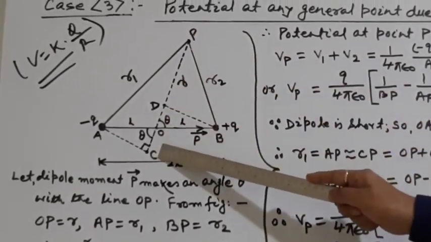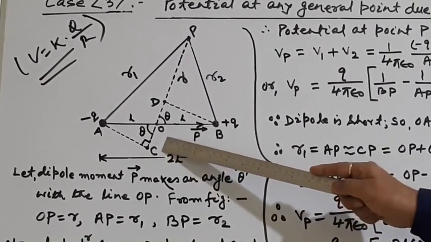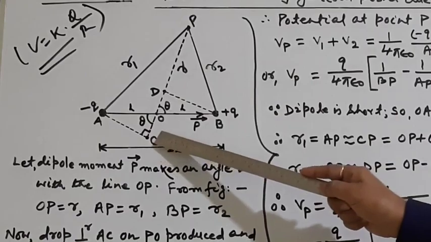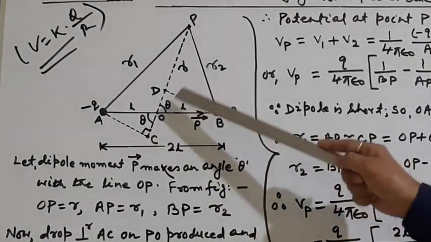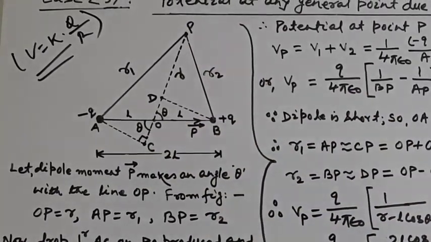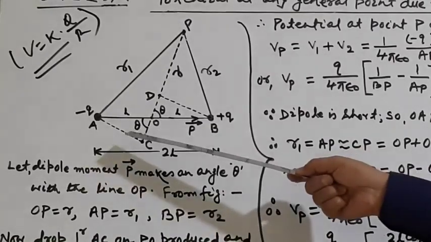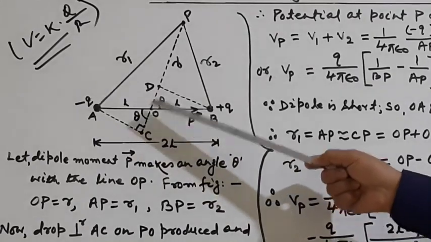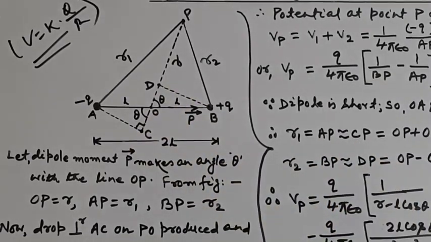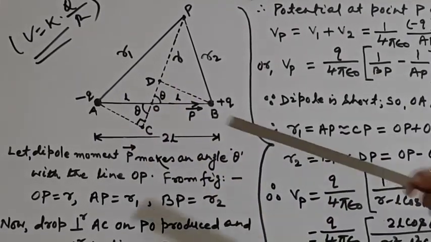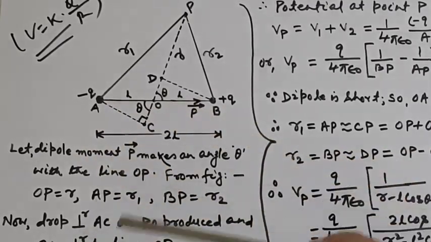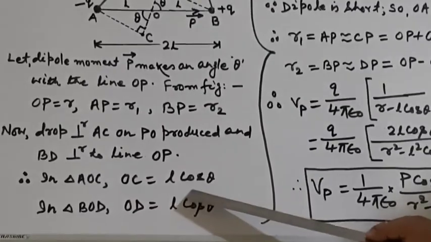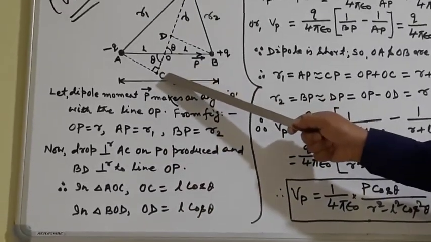Now one thing more I have done: I have extended the line PO to the point C, and I have dropped two perpendiculars. One perpendicular AC on PO produced, another BD on PO. Why? Because we get two triangles, and in these triangles we will get the values of OC and OD. It will help in the calculation of the potential. So in triangle AOC, OC is equal to l cos theta.